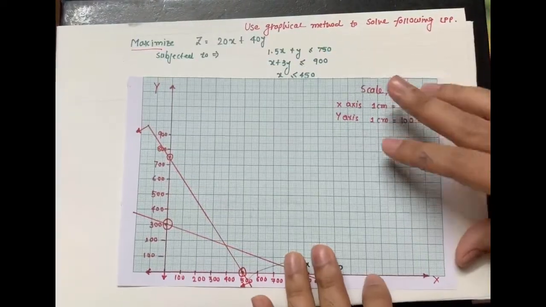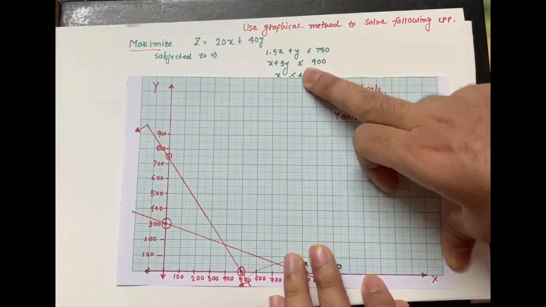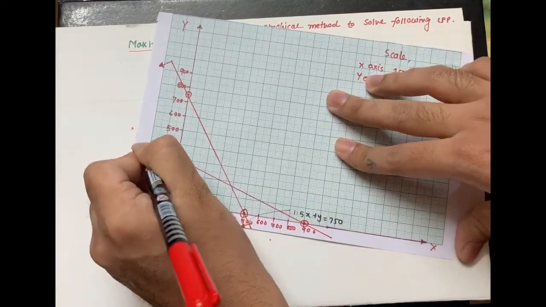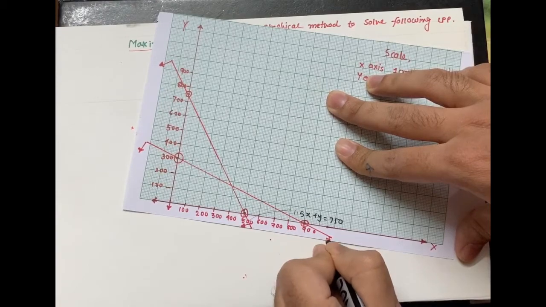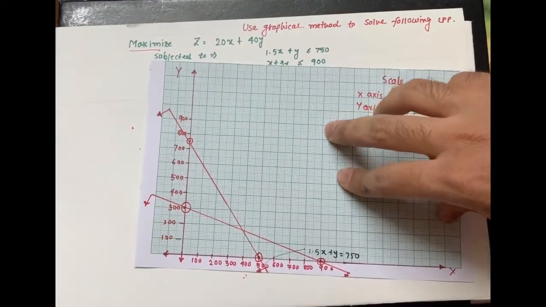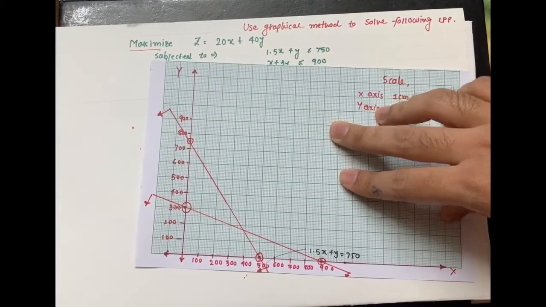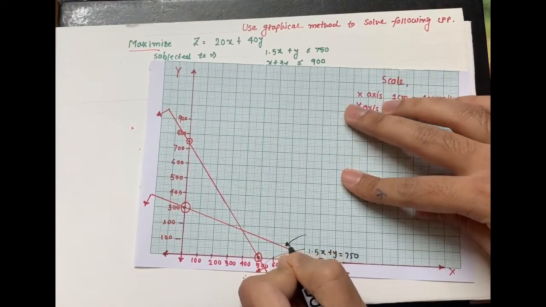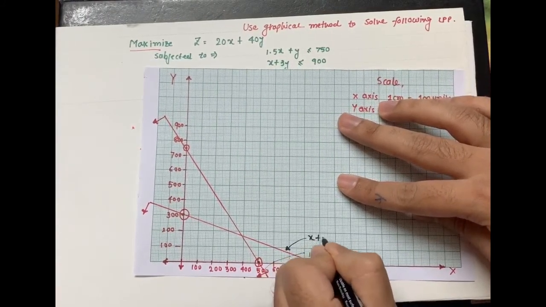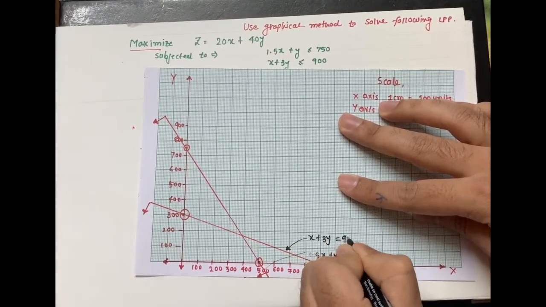The sign here is again of less than or equals to type, so arrows in a downward direction. The equation of the line for this one is x plus 3y equals 900.